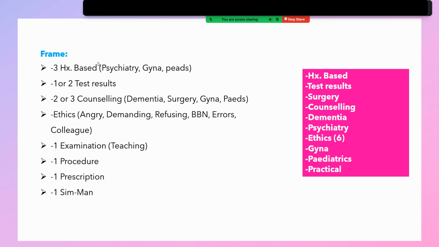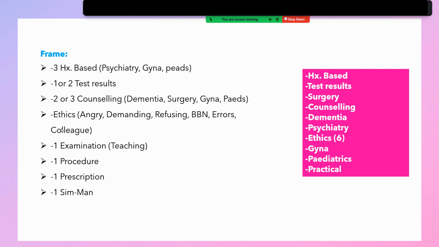Okay? So, if we talk about the frame generally, you will have 3 history-based cases, including psychiatry, gyna, and pediatrics. 1 or 2 test results cases, 2 or 3 counseling cases. You have to have ethics. You might have angry and demanding, or two angry. You might have refusing and errors, or two refusing.